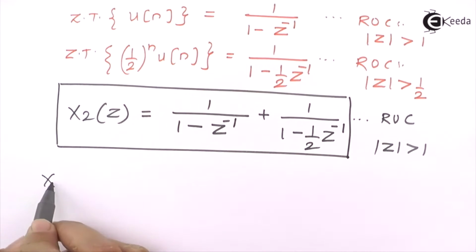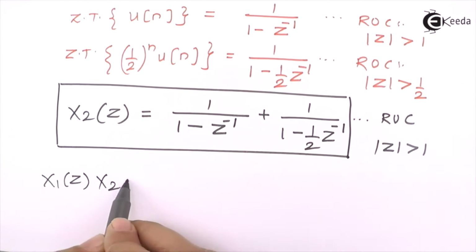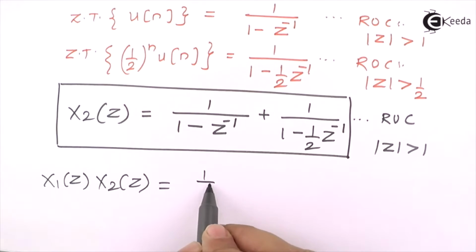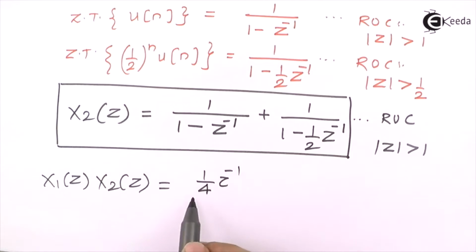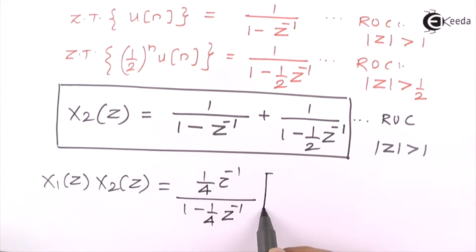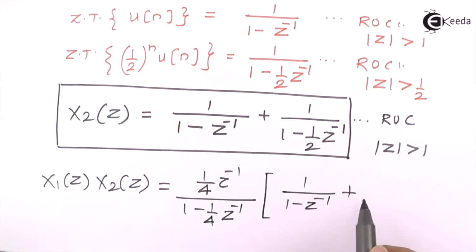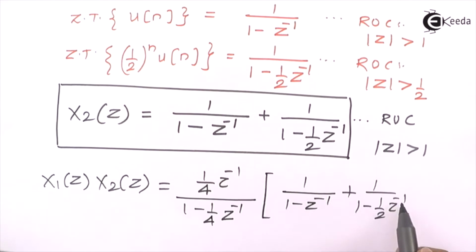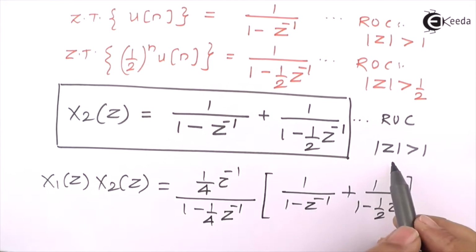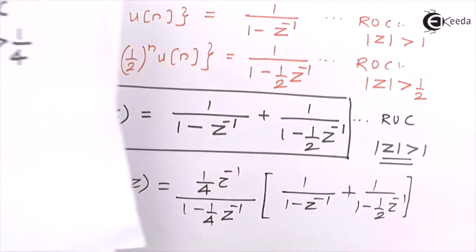Then if we sum x1(z) and x2(z), we will get (1/4 z^-1)/(1 - 1/4 z^-1) multiplied by 1/(1 - z^-1) plus 1/(1 - 1/2 z^-1), and the ROC will be the intersection of these two ROCs.